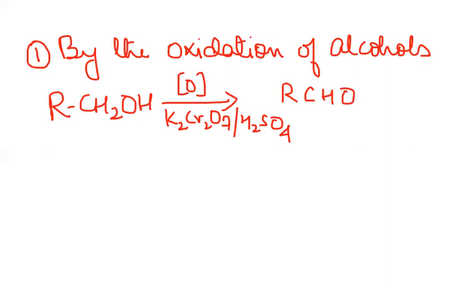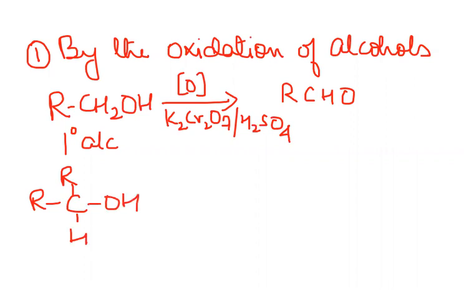Ketones can be prepared if you're using a secondary alcohol. This is a primary alcohol. If you use a secondary alcohol, like for example, you have C and you have an R here and an R, these are the two methyl groups. This is a hydrogen and it has attached to an oxygen.